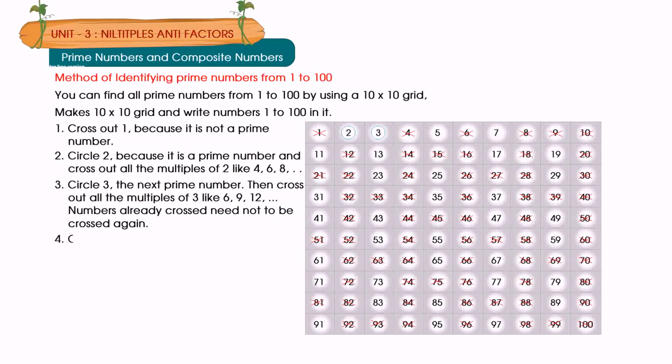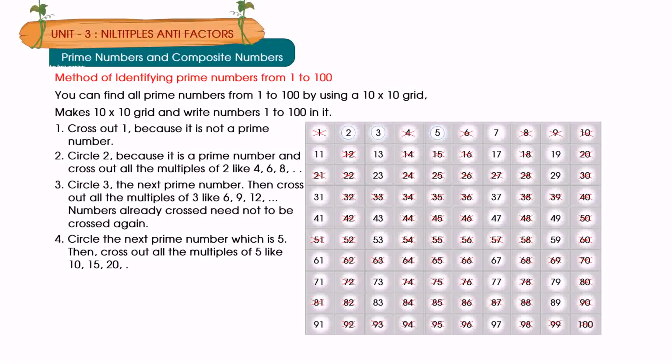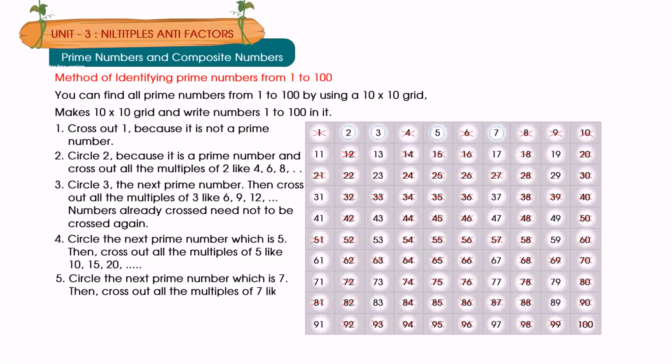4. Circle the next prime number, which is 5. Then cross out all the multiples of 5 like 10, 15, 20 and so on. 5. Circle the next prime number, which is 7. Then cross out all the multiples of 7 like 14, 21, 28, 35, 42, 49, etc. 6.